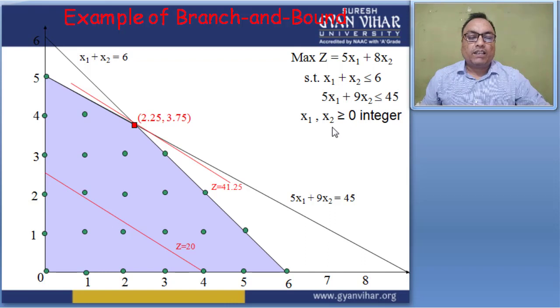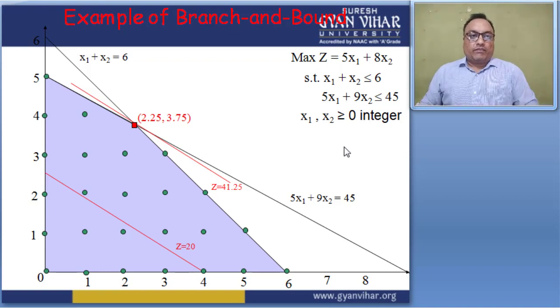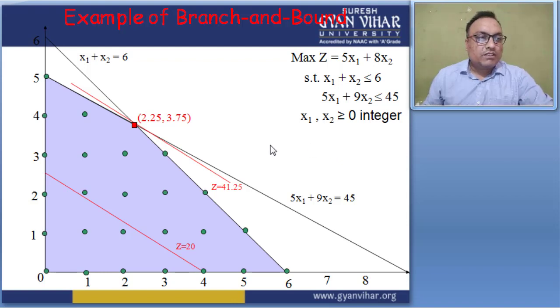So x1, x2 always give integer values, and these variables are always greater than or equal to 0 and always integer, right? And these two constraints are used here.